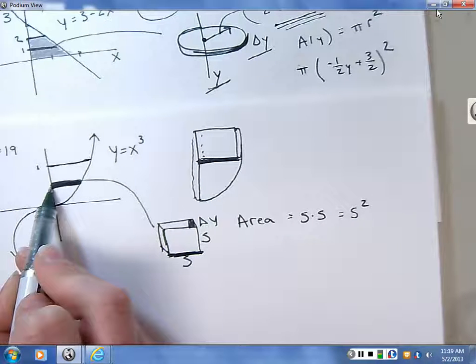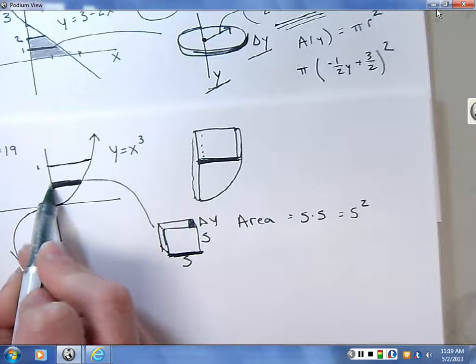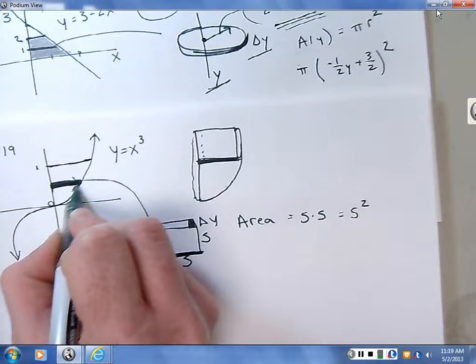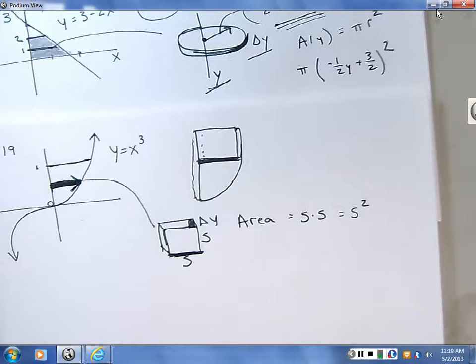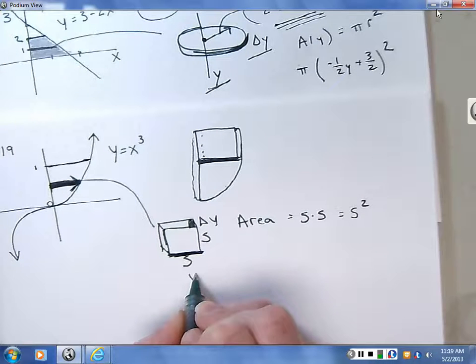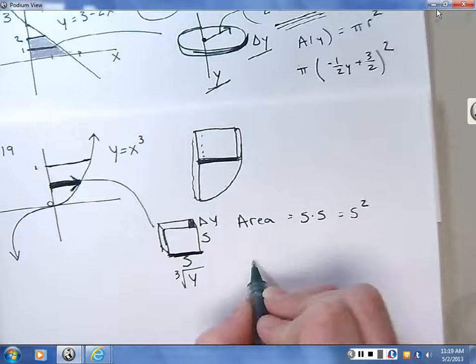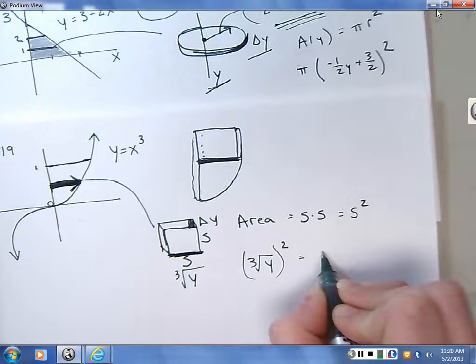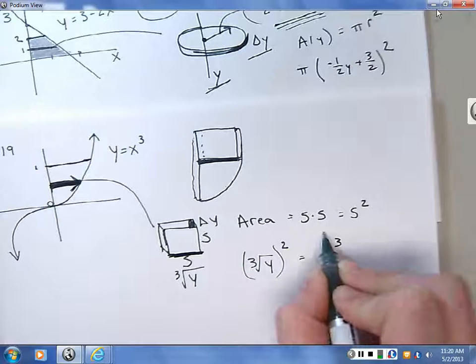What is the distance between the y-axis and the function in terms of y? Cube root of y. Yeah, so here this would be the cube root of y. So the area would be the cube root of y squared, which would be y to the 2 over 3.